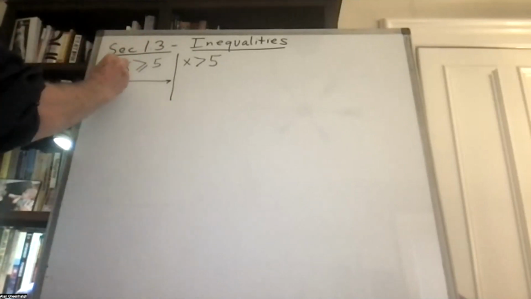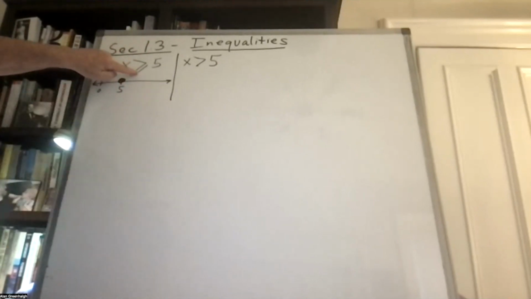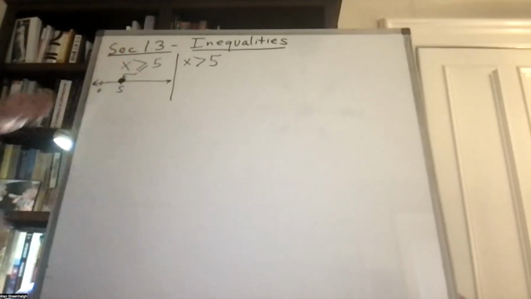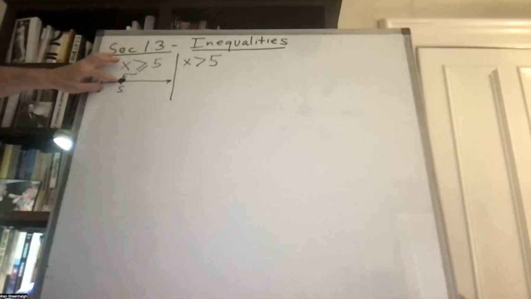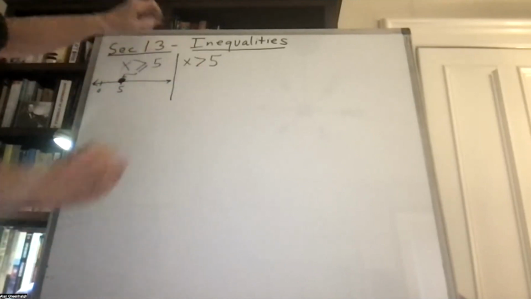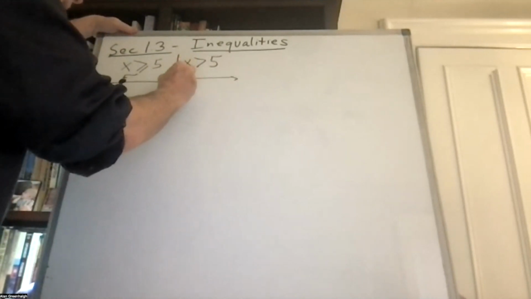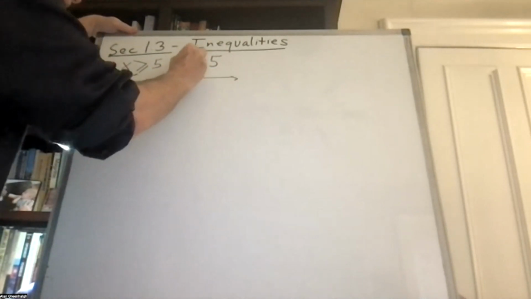All the numbers greater than or equal to. This line underneath here means equal to. And when you have that line, it means that you shade in the 5. When there's no line underneath the equal sign, then it's an open circle.